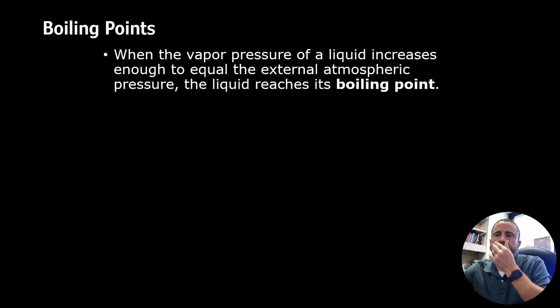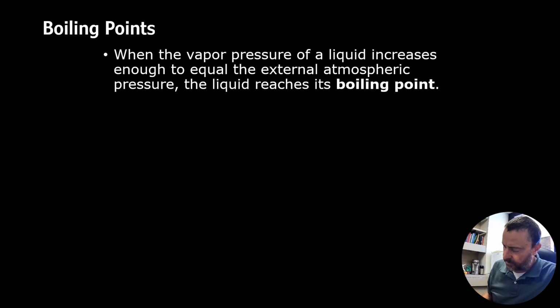All right, next up, we're going to talk quickly about boiling points and what affects our boiling points. So when the vapor pressure of a liquid increases enough to equal the external atmospheric pressure, the liquid reaches its boiling point.